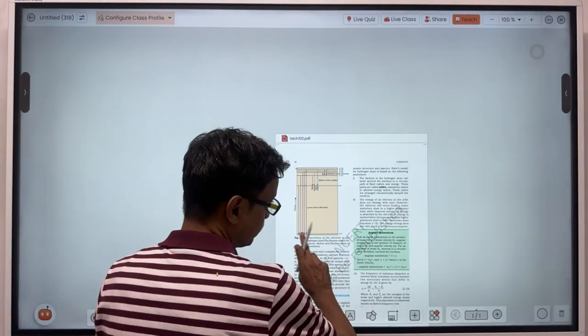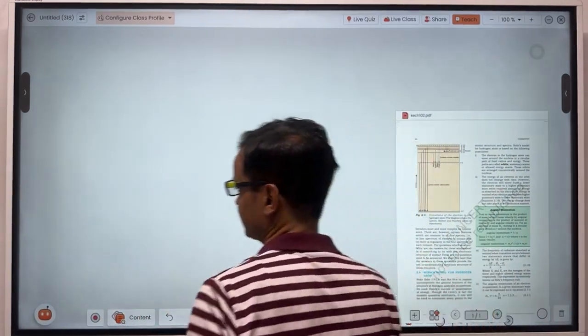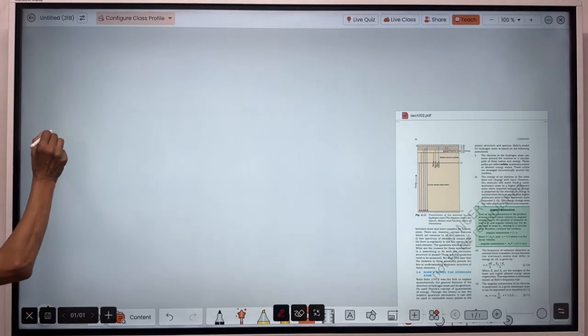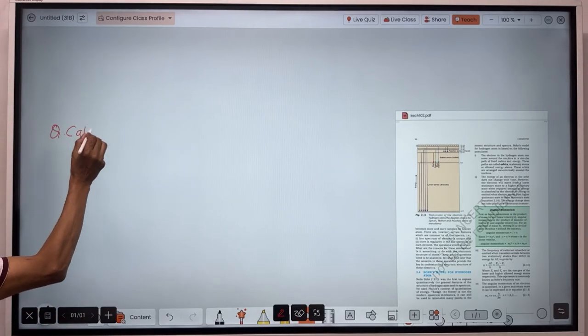This question was asked in the NEET examination. So let's discuss it.